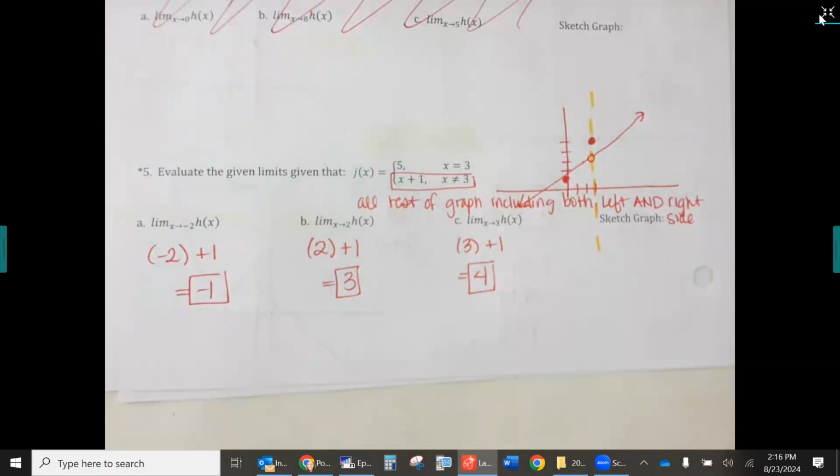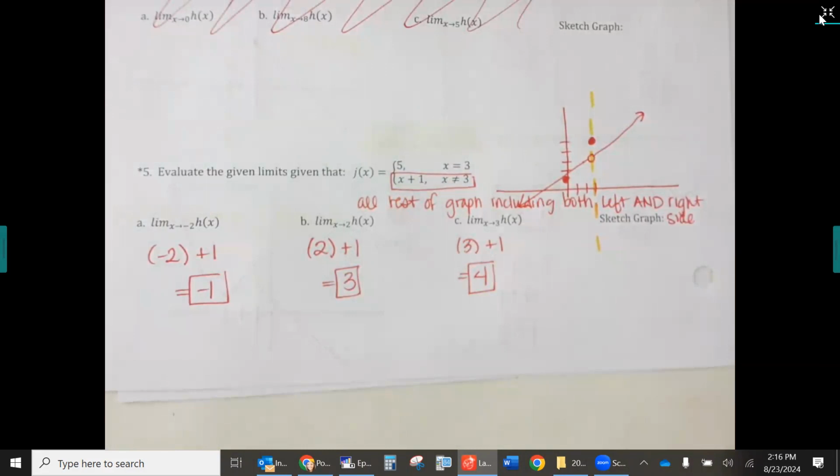I care about, as I'm tracing in, what am I getting closer to? Then I'm going to cover the other side. Now this side is gone. As I trace in closer and closer, are my numbers equal to 3 or not equal to 3? They're not 3. Now, when I get to 3, I don't even care what happens because I'm only tracing towards it. I'm not actually getting there.